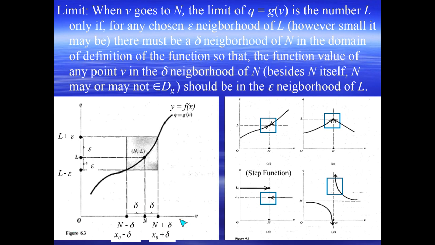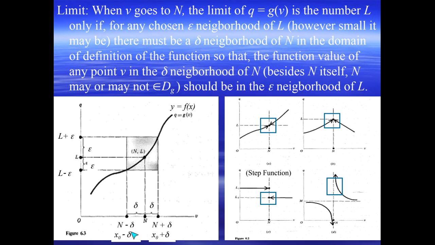What is the epsilon neighborhood of L? It can be shown by this kind of cursive symbol L epsilon. Open ball L epsilon, it's called. But here, for the moment being, we will take it as the open interval L minus epsilon, L plus epsilon, meaning the set of all x's between L minus epsilon and L plus epsilon, the frontiers L minus epsilon and L plus epsilon not included.